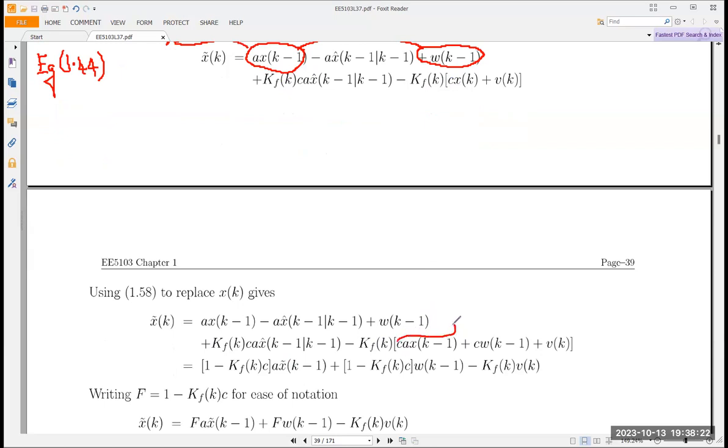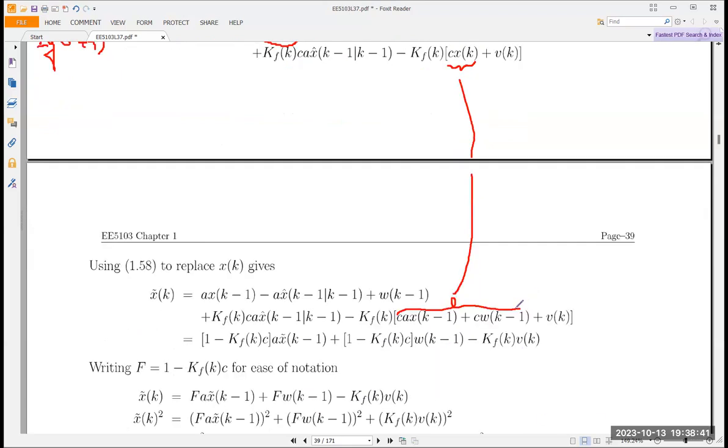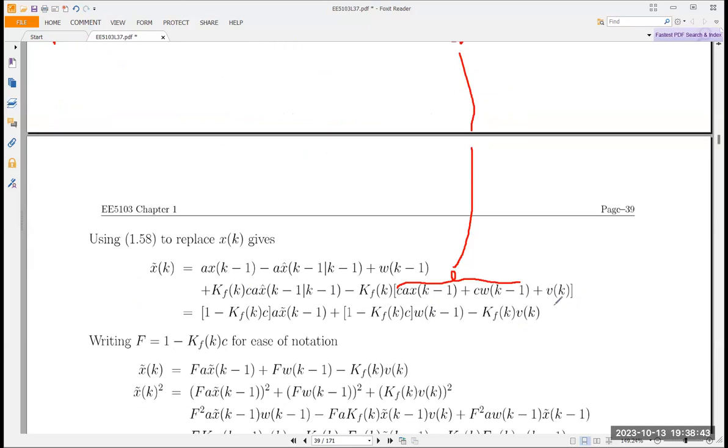So this is replaced by this. Okay, go and look at 58, how you replace this with this. The rest of the things are the same. Then after that, nothing, you just tidy things up, you will get this.